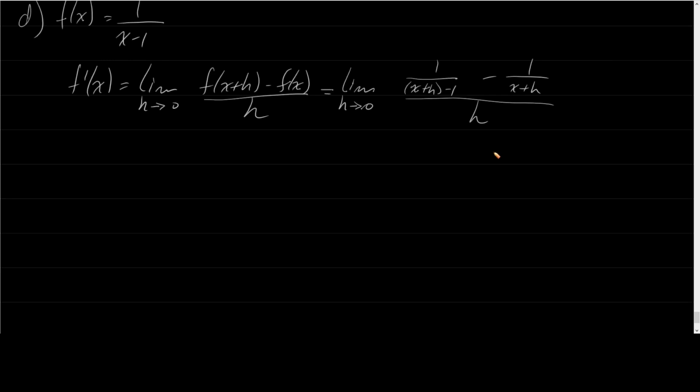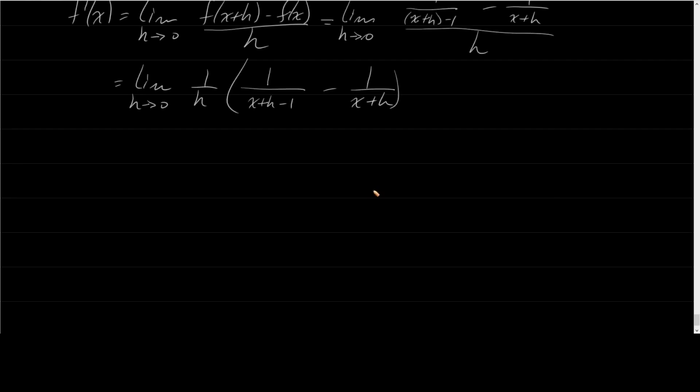Now I have a fraction inside of a fraction, so we can rewrite this as the limit as h goes to 0 of 1 over h times 1 over x plus h minus 1 minus 1 over x minus 1.